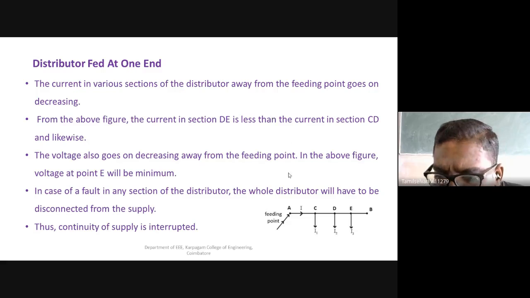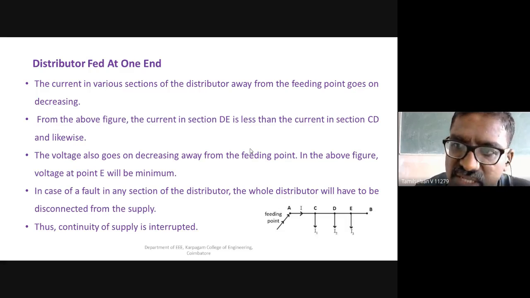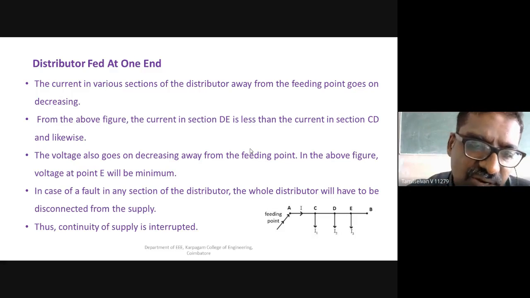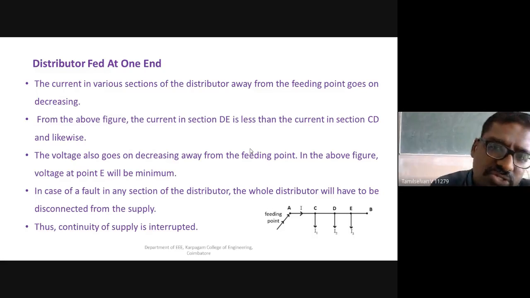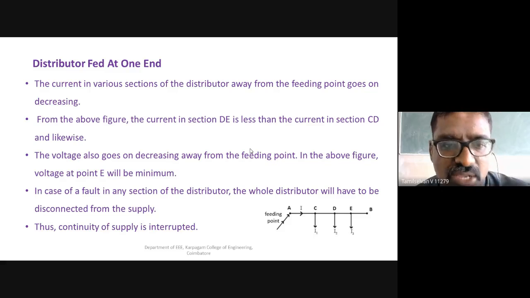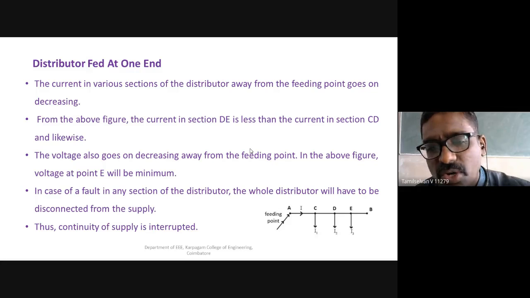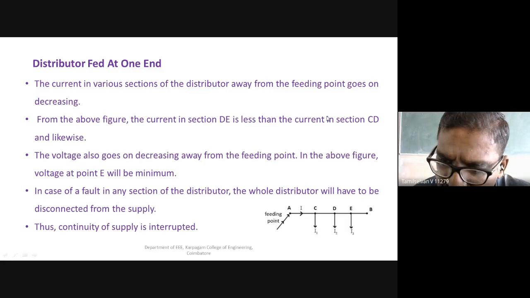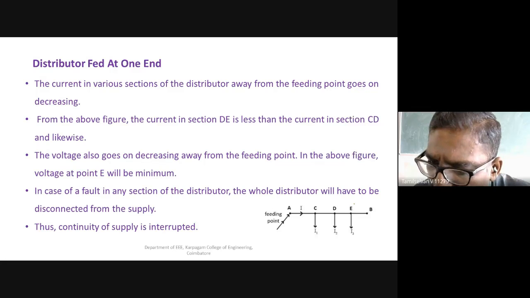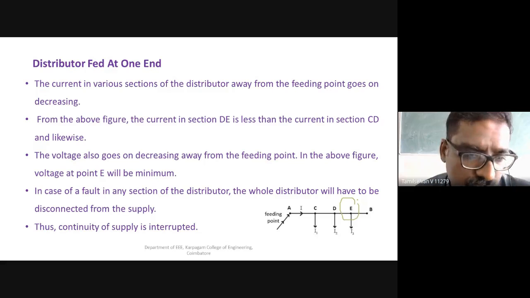The current varies from the feeding end and decreases toward the last point, because more load is connected at the starting point. The voltage also decreases from the feeding point, so V here may be the minimum potential.